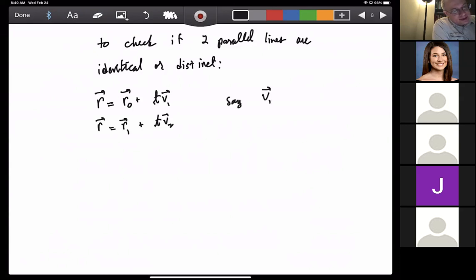Right, so the vector v1 is parallel to v2. It's some scalar multiple of v2. If I can show that line 2 contains at least one point of line 1, then when they're parallel, the two lines have to be identical. So I'm going to check.